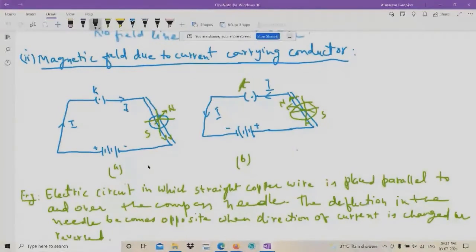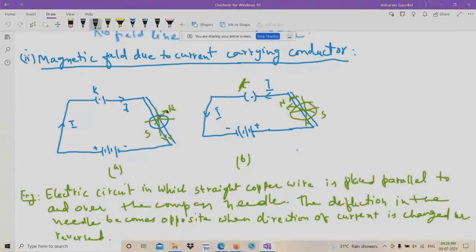Here, you take a magnetic needle or a magnetic compass and place it exactly above the conductor carrying current, with the current direction like this. The compass deflects north in this direction.